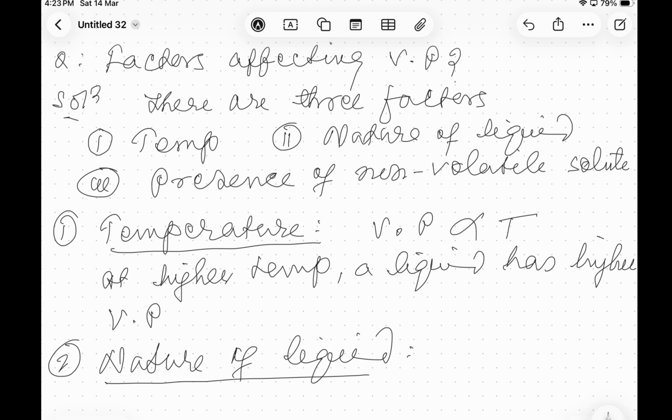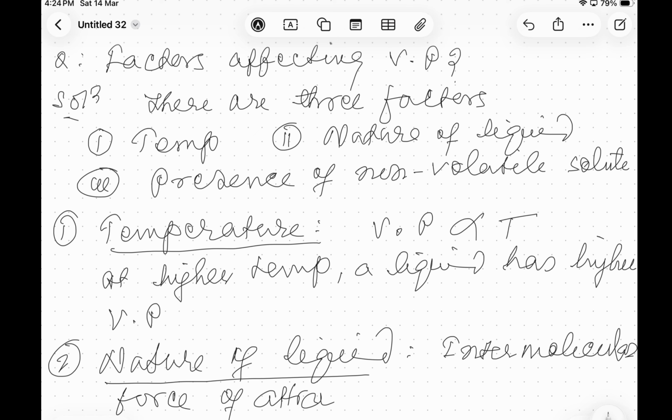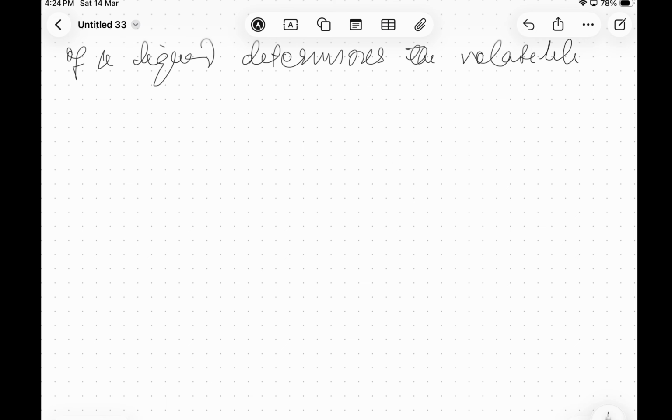That means intermolecular force of attraction among molecules of a liquid determines the volatility of a liquid.